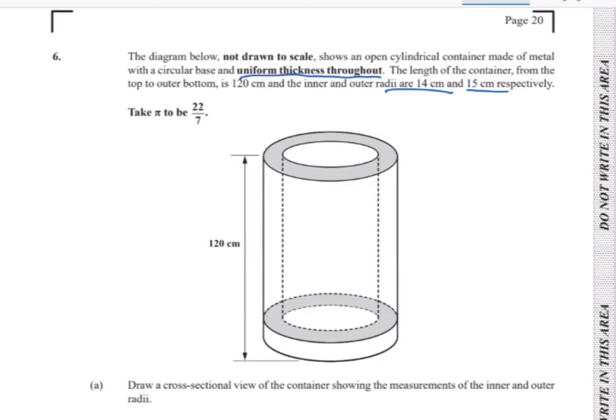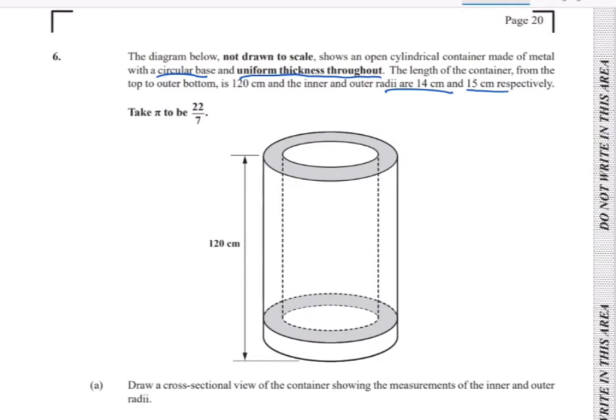So that's another important thing that we need to remember. And it has a circular base, right? They mentioned that it was a circular base, and when you look at it, you realize that it's a cylinder. So definitely it has a circular base. And the next part, they give us the height, which is 120.